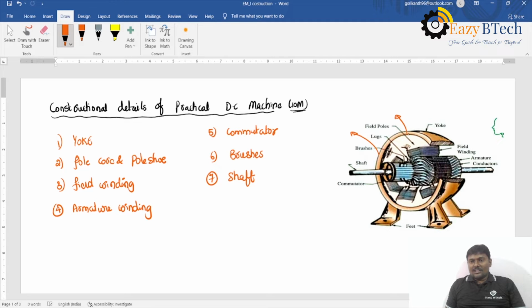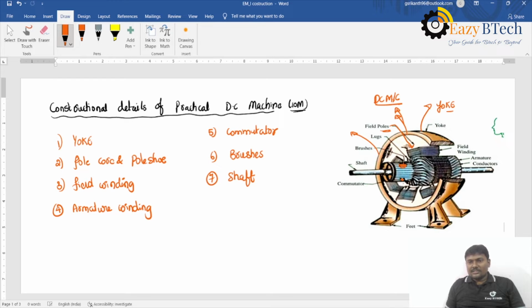This is a cross-sectional view of a DC machine. The outermost part of a DC machine is called the yoke. If you observe this part, it is called the field poles, and the brushes are there.